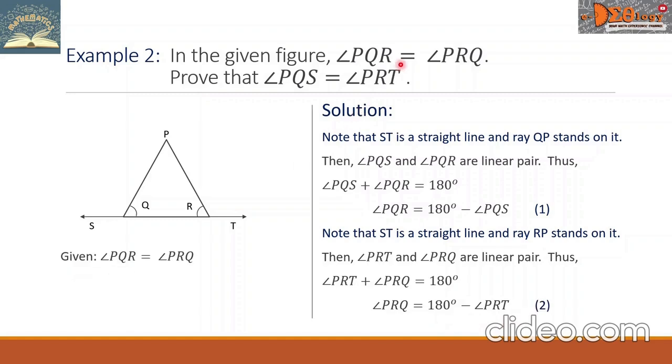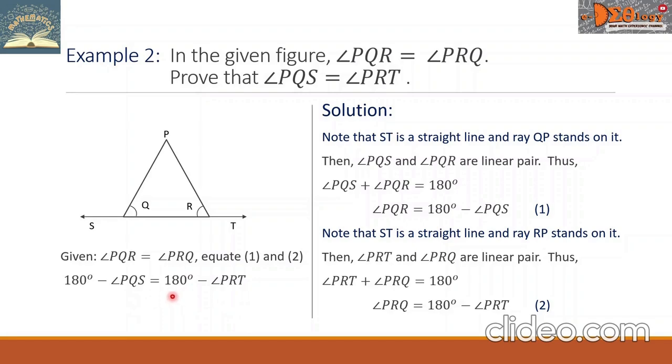Now, given in the problem that angle PQR is equal to angle PRQ, let us equate now equations 1 and 2. So the angle PQR is now replaced by 180 degrees minus angle PQS, equals this angle PRQ, which is now replaced by 180 degrees minus angle PRT.